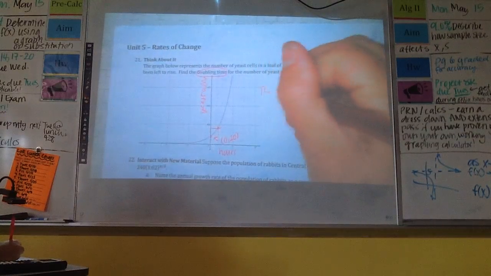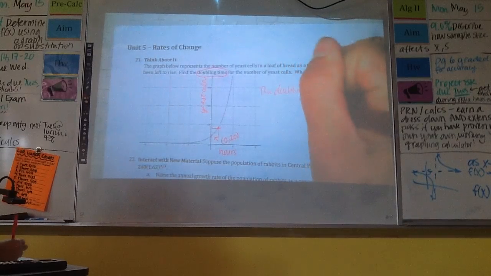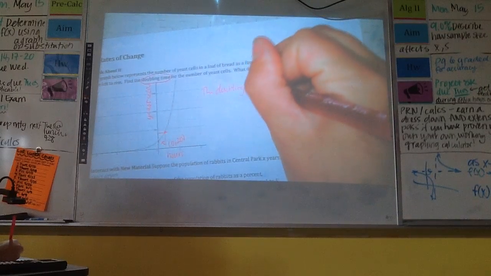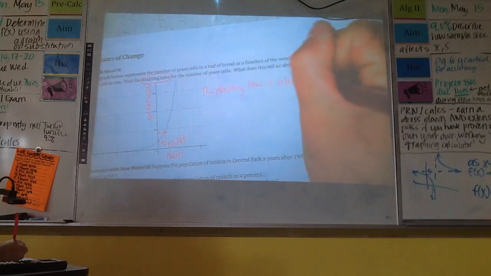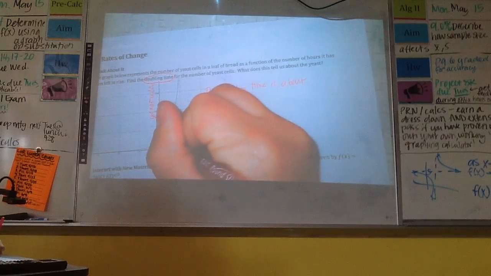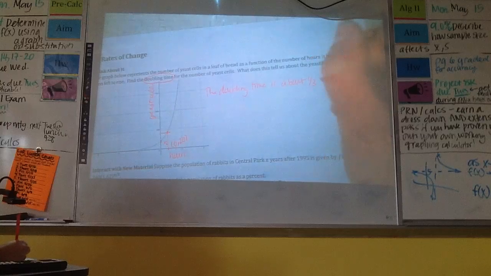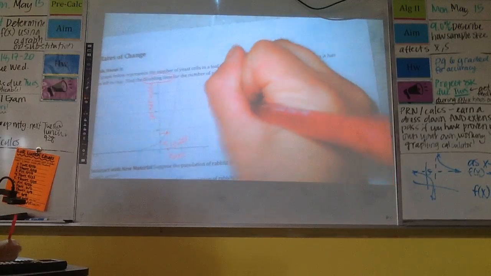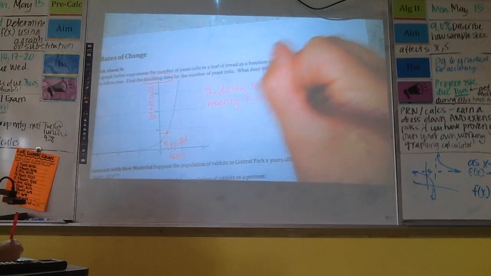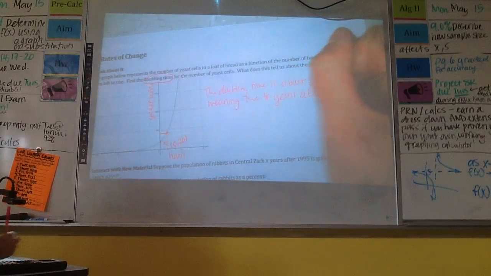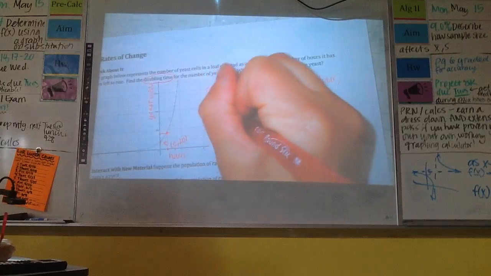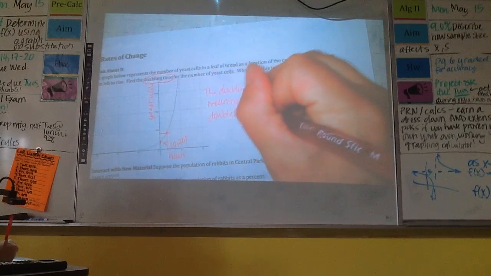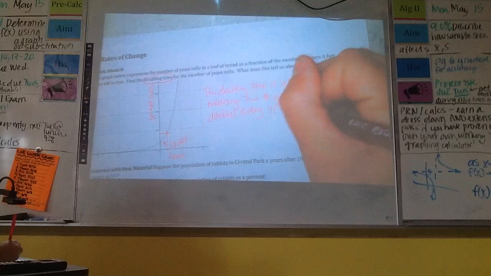So the doubling time is about, I'm just estimating here, a third of an hour, meaning the number of yeast cells doubles every third of an hour.